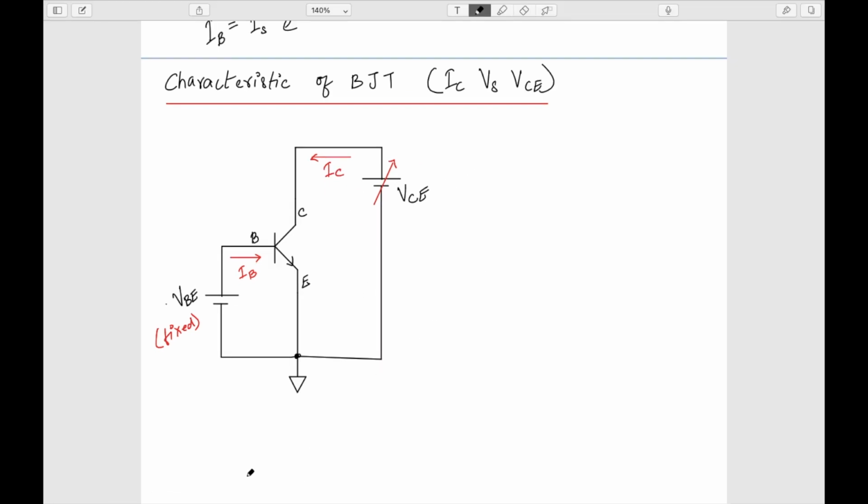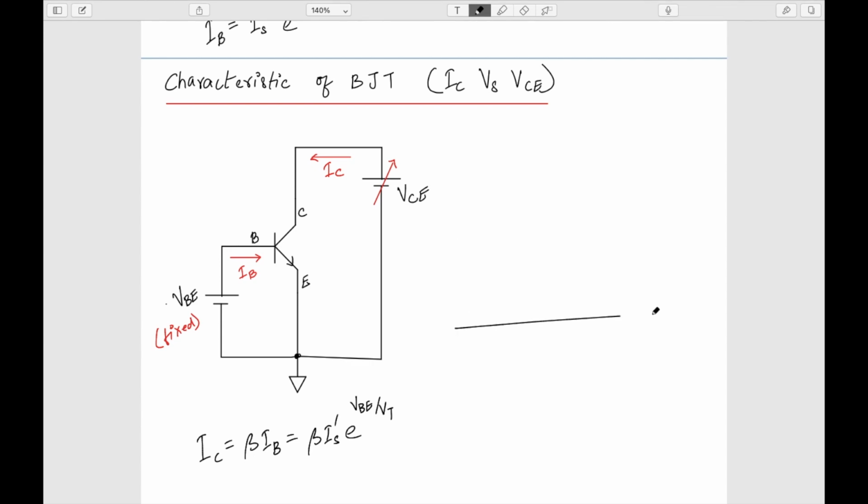We have seen that this IC current is equal to beta times IB, and IB is IS dash e power VBE by VT. If you see the expression of IC, it is independent of this VCE.